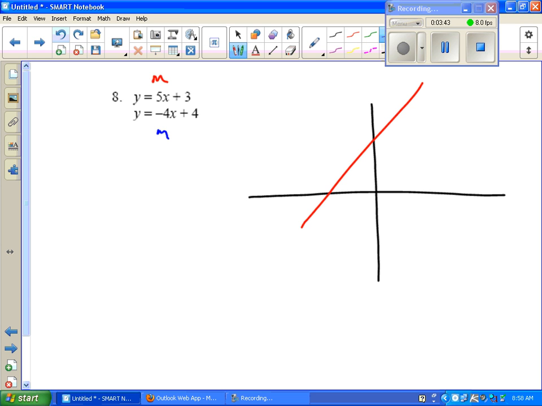The first one will look something like that, and the second one will look something like this, a little bit lower than that probably. But there will be that one point when you sketch them out where they will cross each other. And again, without ever graphing them, you can tell by the fact that the m values were different from each other that there will be one point where they both cross. They'll cross at one point, or one solution.